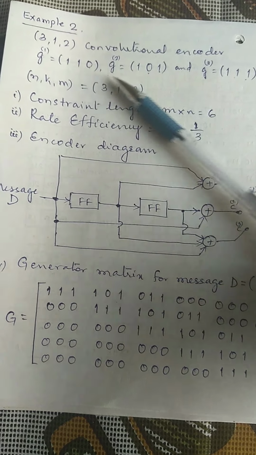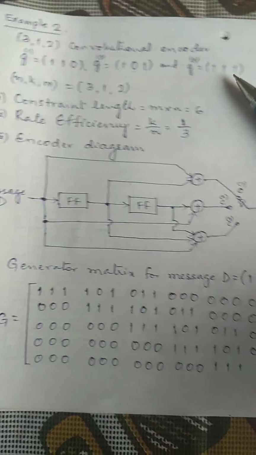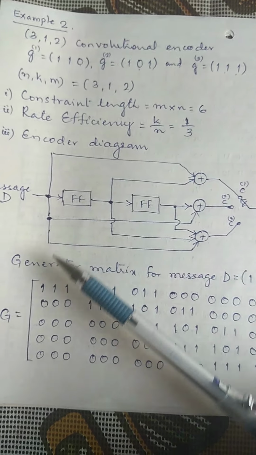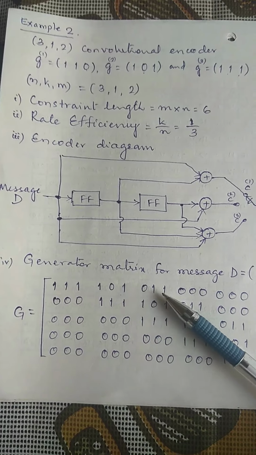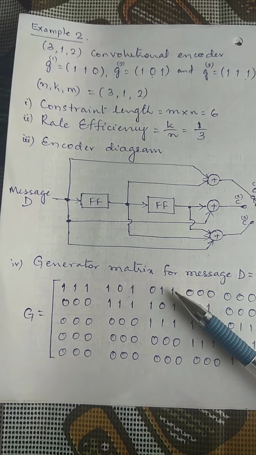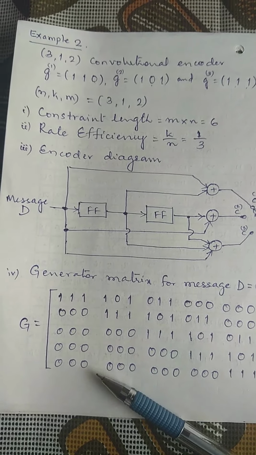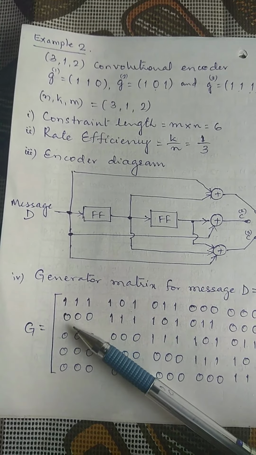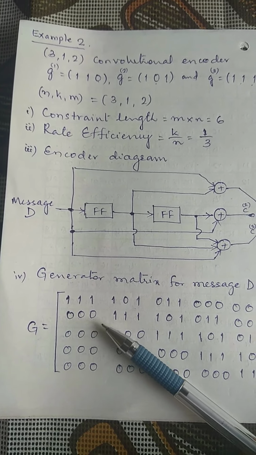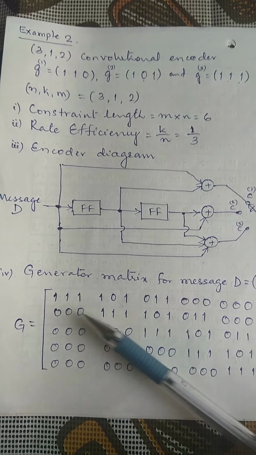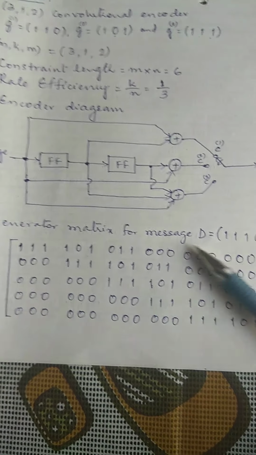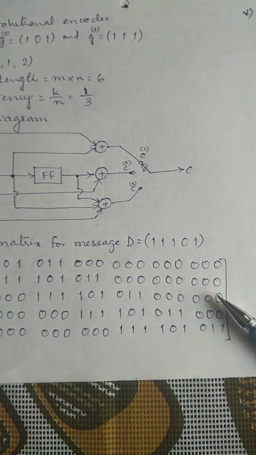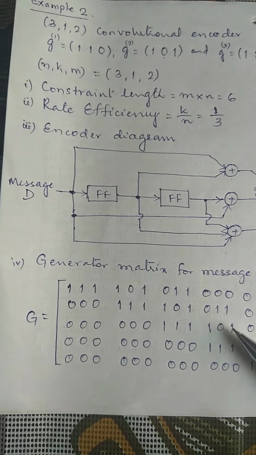The third bit of G1, G2, G3 gives 0 1 1. That forms the first row, and since the message is of length 5 bits, there will be 5 rows. All these rows are obtained by right shifting the preceding row, and all the blank spaces are filled with zeros. So that is the generator matrix.